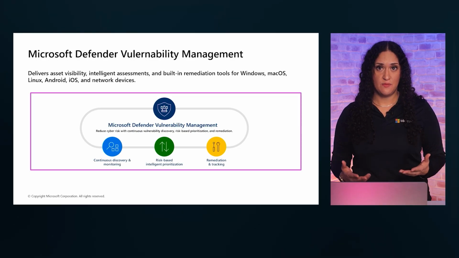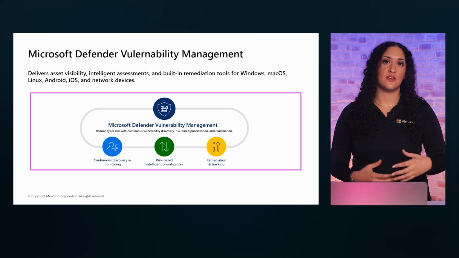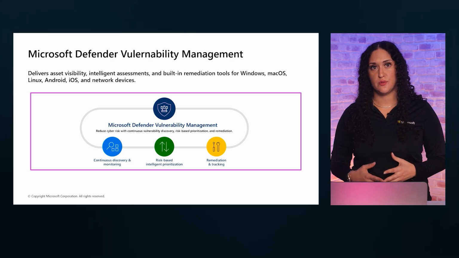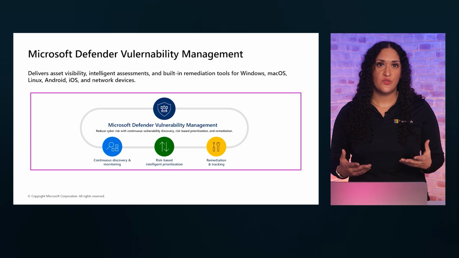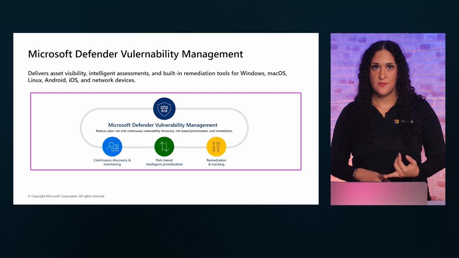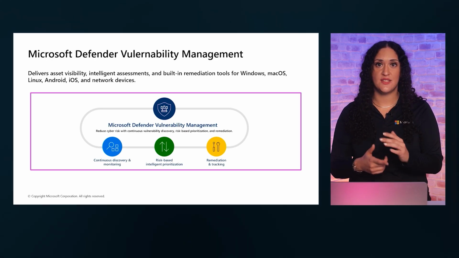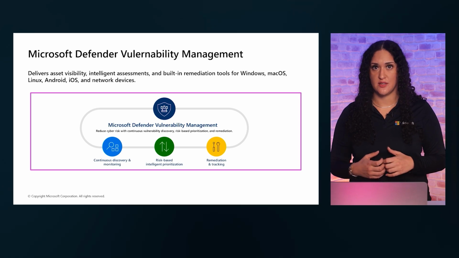This helps IT teams focus their efforts where they will have the biggest impact, instead of chasing long lists of possible issues. We can use Defender Vulnerability Management to identify outdated software, missing patches, weak configurations, and emerging risks across Windows, macOS, Linux, mobile, and network devices.